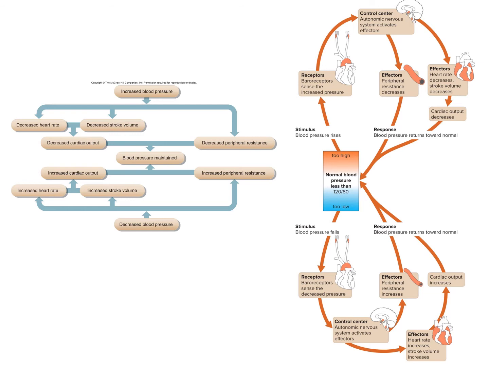Well, we're going to be making use of receptors, control center, and effectors, right? So in your aortic arch, as we described in the previous voiceover, and in your carotid arteries, you have baroreceptors. These are pressure receptors. These are stretch receptors.